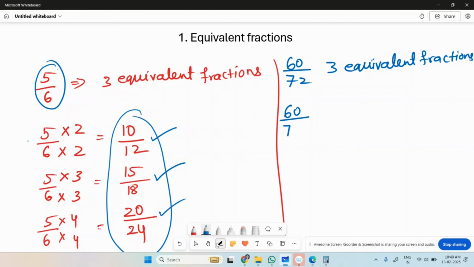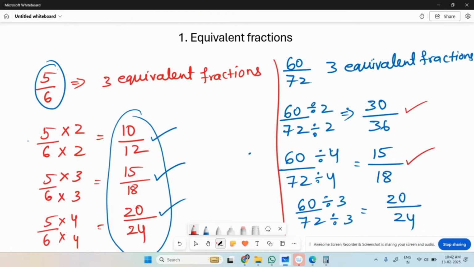First, let's divide 60 upon 72 by 2, because these two are even numbers, which are both divisible by 2 based on the divisibility rules. 60 divided by 2 is 30 and 72 divided by 2 is 36. In the same way, if we divide, 30 upon 36, 15 upon 18, 20 upon 24 are three equivalent fractions for 60 upon 72. Okay.